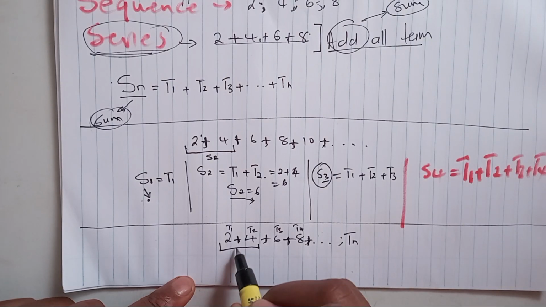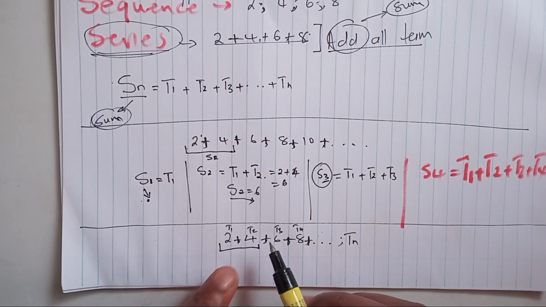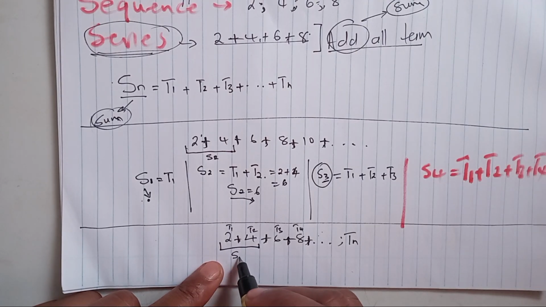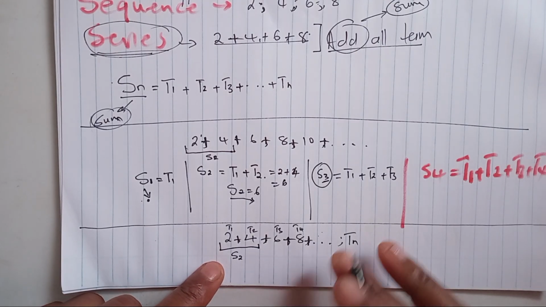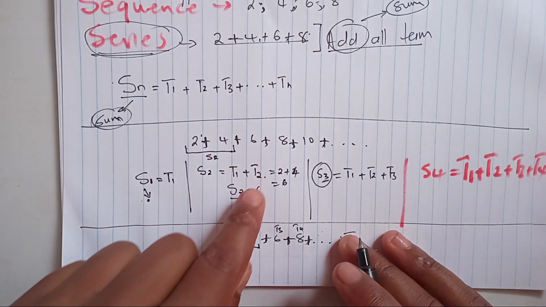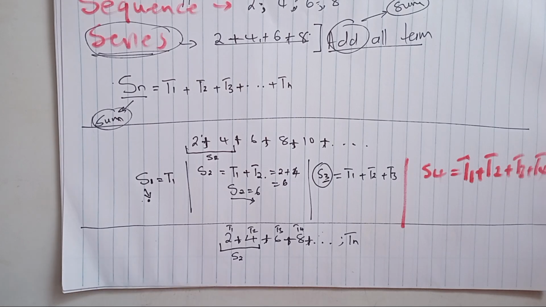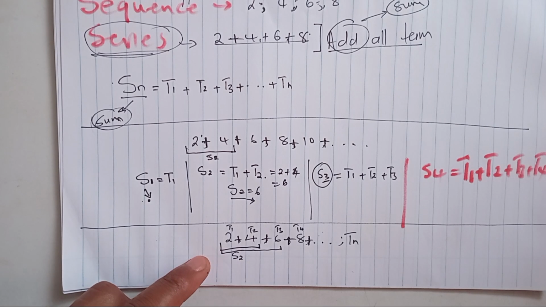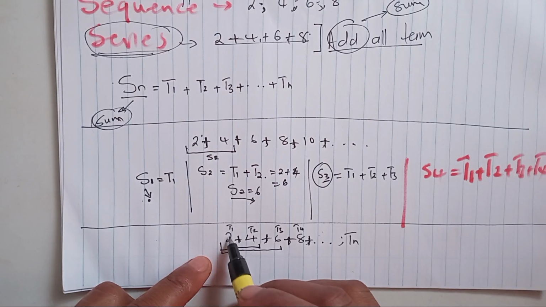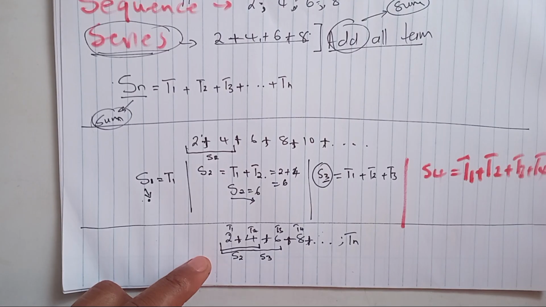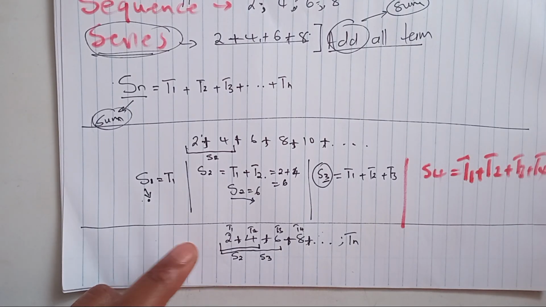So this one is going to be T1 plus T2. It's going to be the same as S2, like I've said here. If I'm covering this one now, it's going to be T1 plus T2 plus T3. It's going to be S3. Note this.